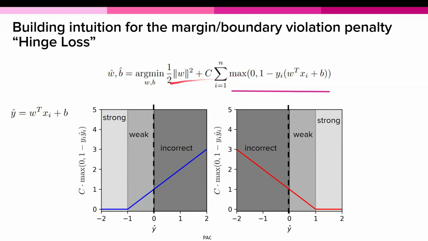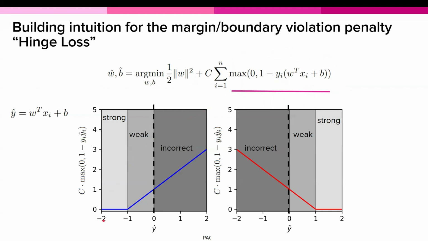This equation at the top shows the soft margin SVM objective function as we've been seeing. Right now we're going to focus on this second term. This is the penalty for margin violations. The graphs down here depict the behavior of the hinge loss for one data point.